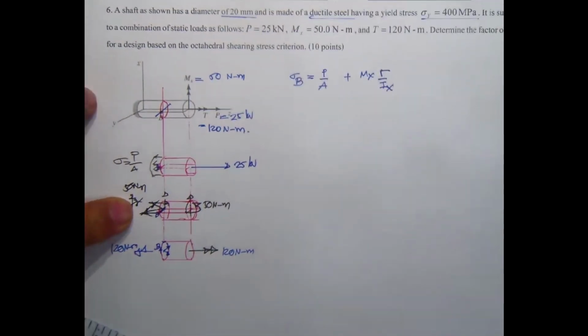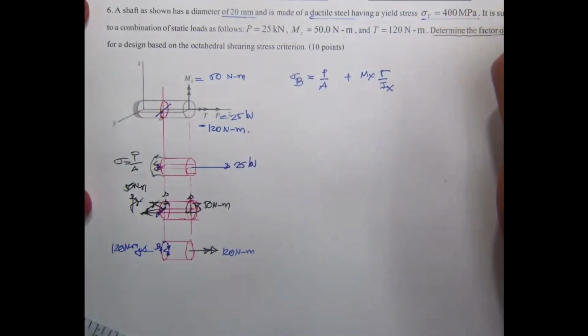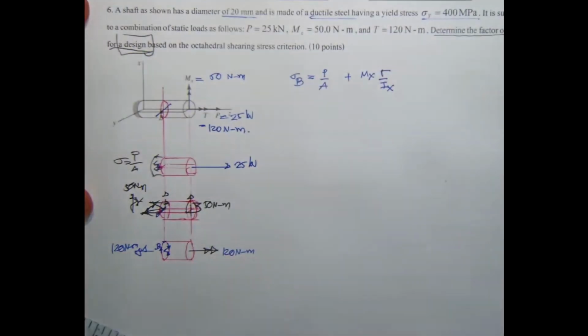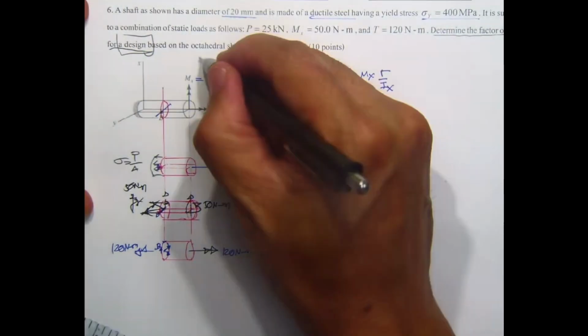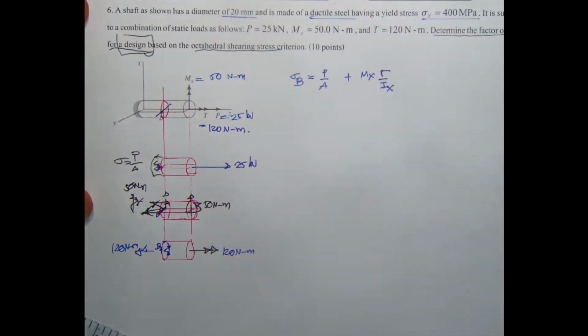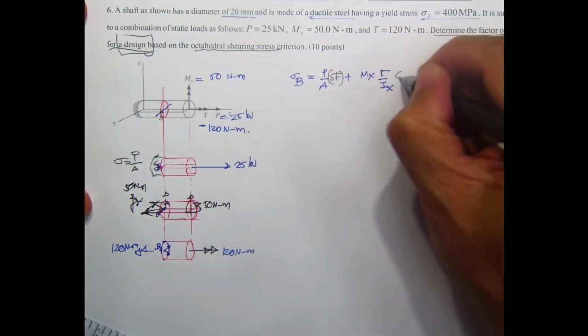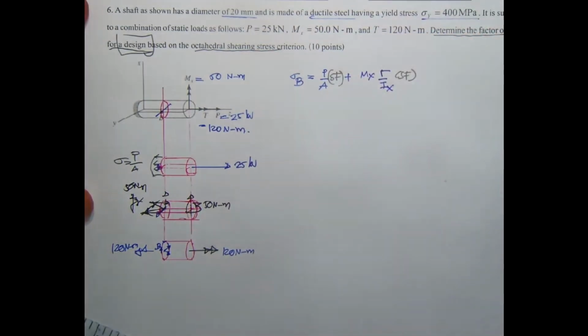And then the problem said determine the factor of safety for the design based on octahedral shearing stress criteria, the same as the maximum distortion energy. Now, you have to put the safety factor over here.